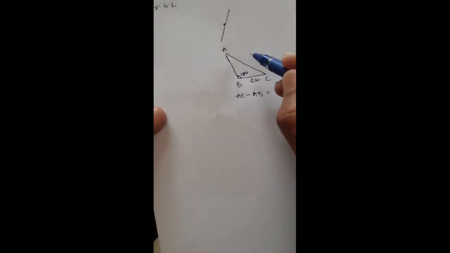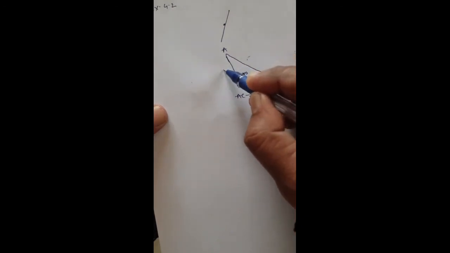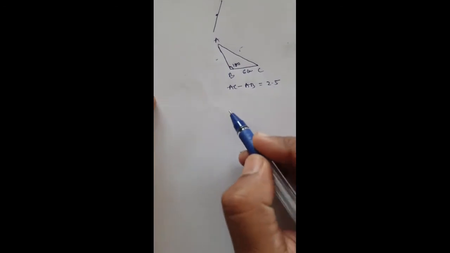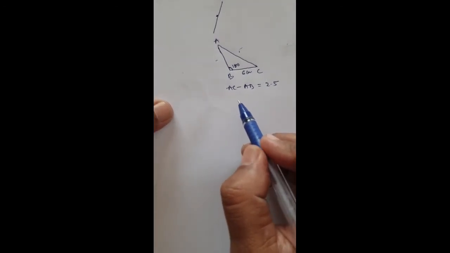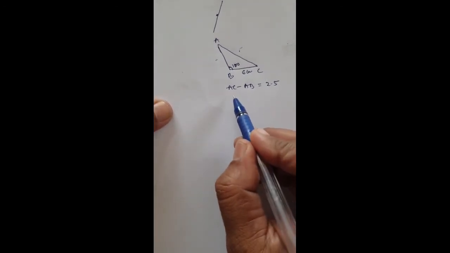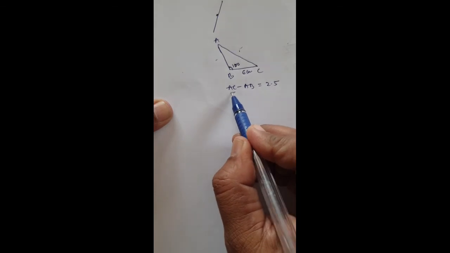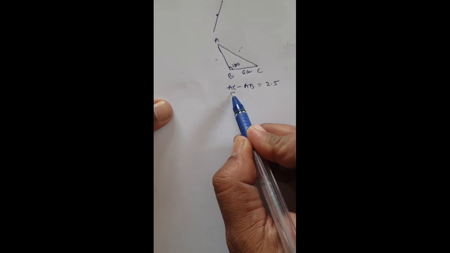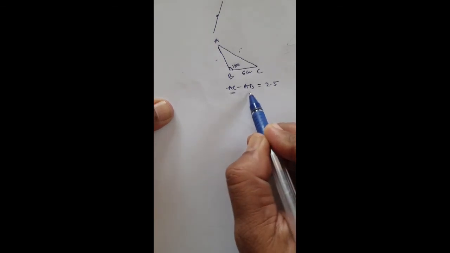Now in this case AC is greater than AB. So you might be thinking how we come to know which side is greater. Here in this case AC minus AB is given, so we subtract the smaller one from the greater one, so AC is the greater one. AC is greater than AB and the difference is 2.5.